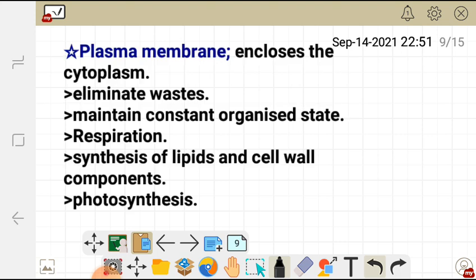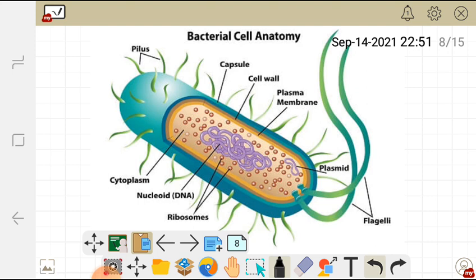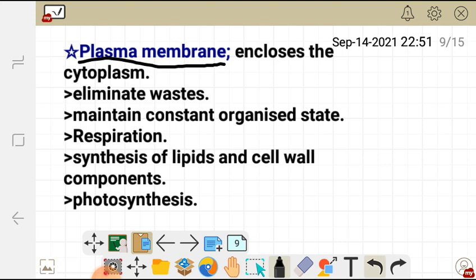Then from there, we have the plasma membrane. Remember, a prokaryotic cell has what we call the plasma membrane, which is this part here, just beneath the cell wall. We have the cell wall here, and after the cell wall, the plasma membrane. The function of the plasma membrane is that it encloses the cytoplasm.